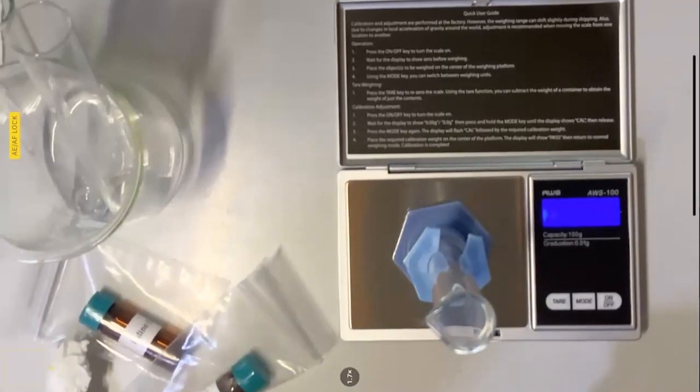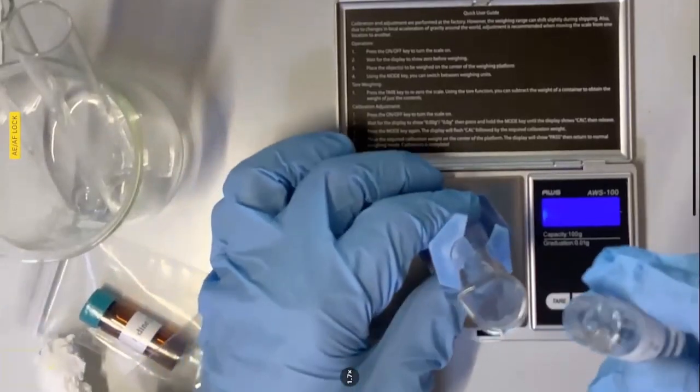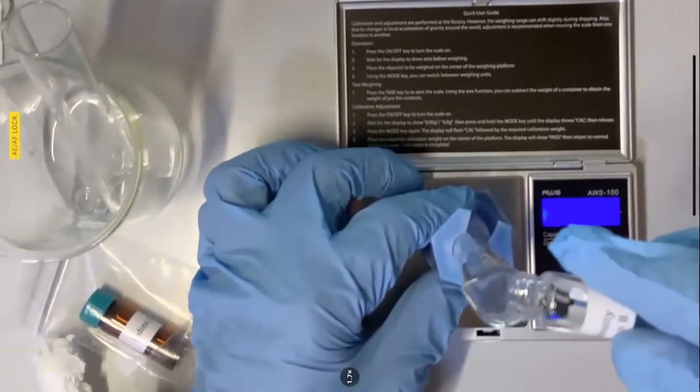Why is that important? Because when you mix all three, you could identify which is liquid A, liquid B, and liquid C by the volume. Okay, if they're all the same volume and they're all transparent, it's going to be very difficult to distinguish one from the other. So I'm just going to use less than liquid A.